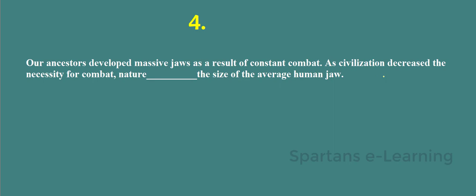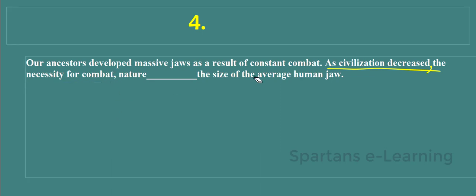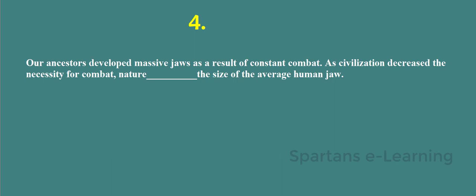As civilization decreased the necessity for combat, this whole thing is a dependent clause, and you have to read it in a single stretch. Suppose you put a comma here, then you will read it as civilization decreased the necessity for combat, and you will not have any meaningful sentence. That's why punctuation is important.